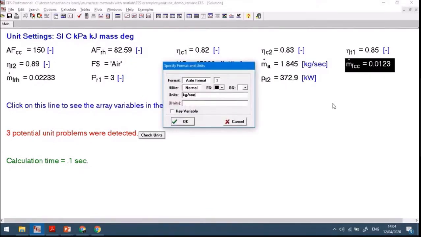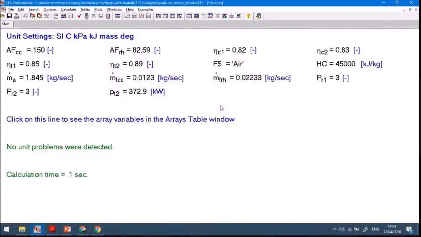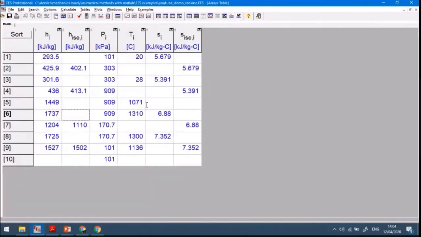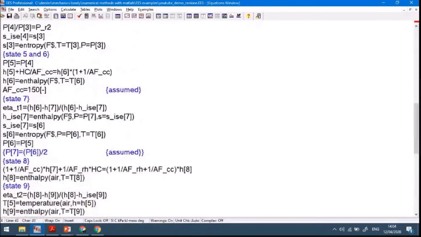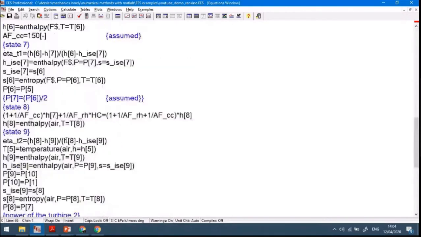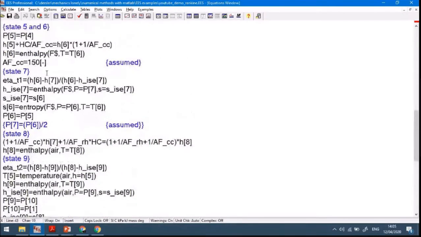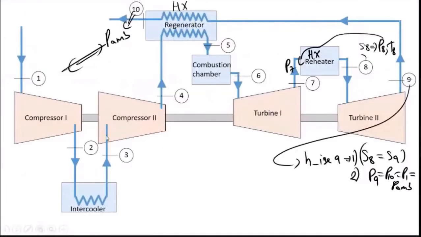This one is kilograms per second, and then this one is kilograms per second. Let's go back here. Again we don't have an equation to solve for this air to fuel ratio of the combustion chamber, but we should find it.